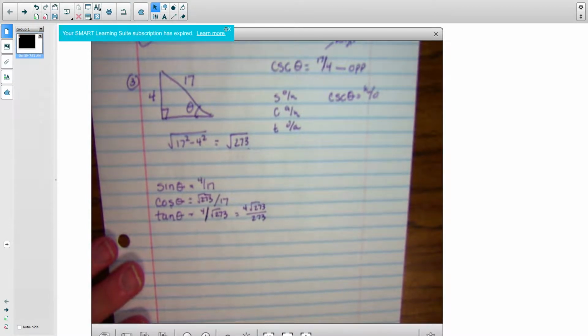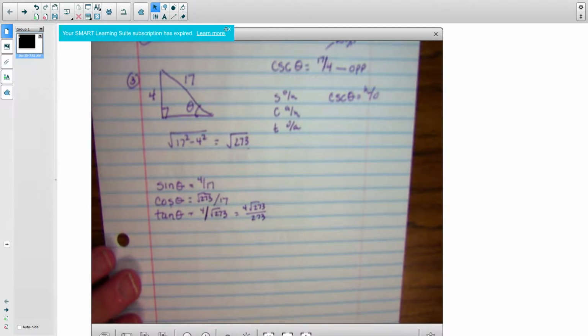I was at a conference yesterday, and the lady from the state wanted to know, why are we rationalizing denominators anymore? We have calculators to do it. And so I'm going to tell you that from here on out, I'm not going to make you rationalize the denominators, except my answers are going to be with the denominators rationalized.